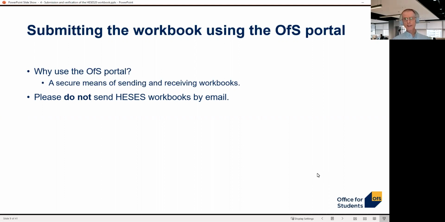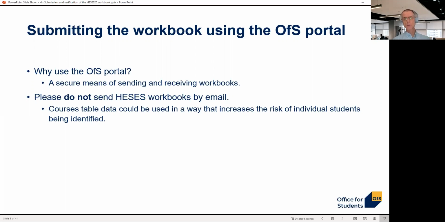And although it's unlikely, for some providers who have to fill in what we call the courses table, it's conceivable in certain circumstances that the chance of individual students being identified from that data is greater. So for this and for other reasons, it's generally better for everybody to use the most secure method of transfer, which is to use a portal.